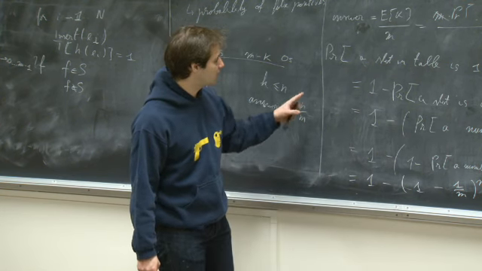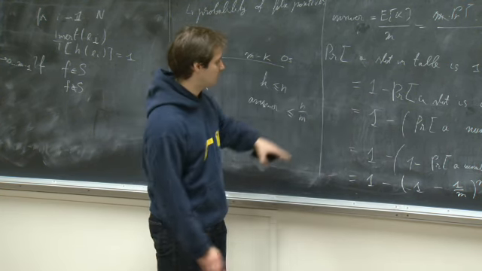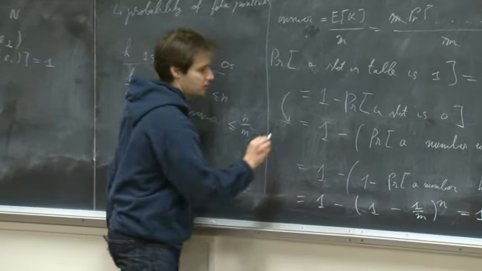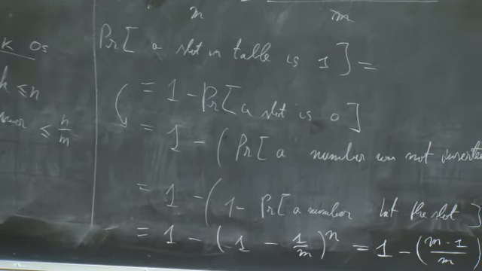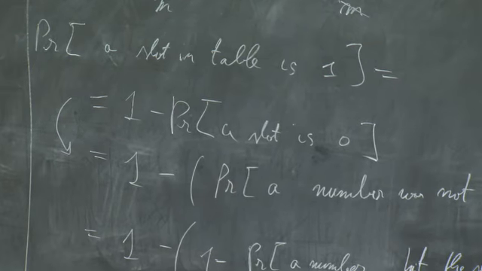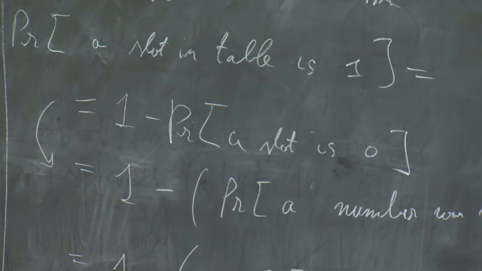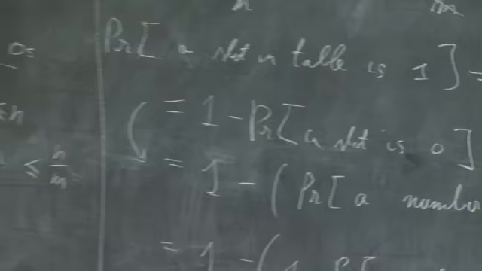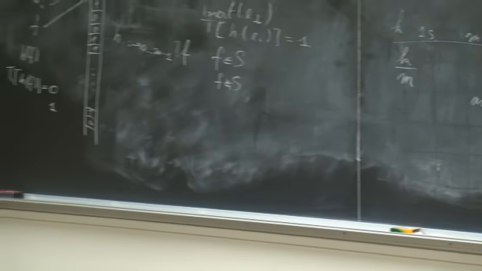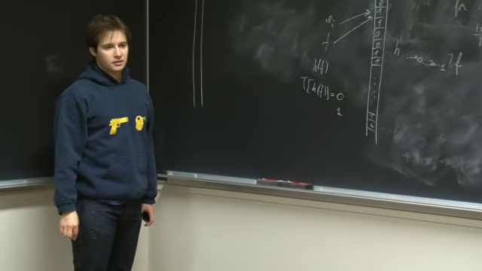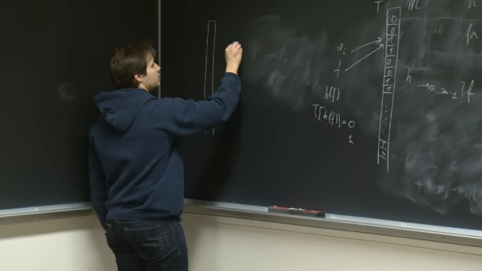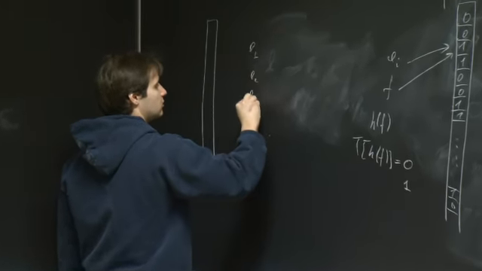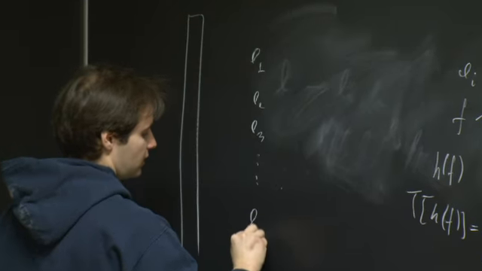Okay, so now you said you're having trouble with this step. So let's see. Let's do this here. We have this table here, right? And we have n elements: E1, E2, E3, all the way through En.